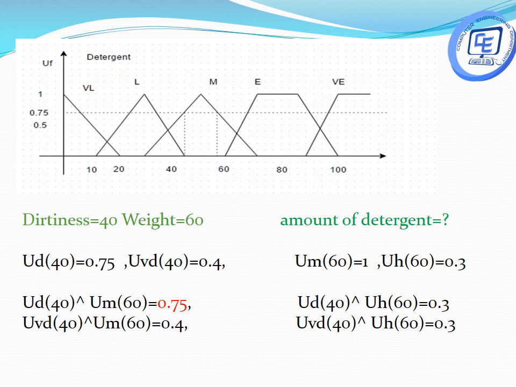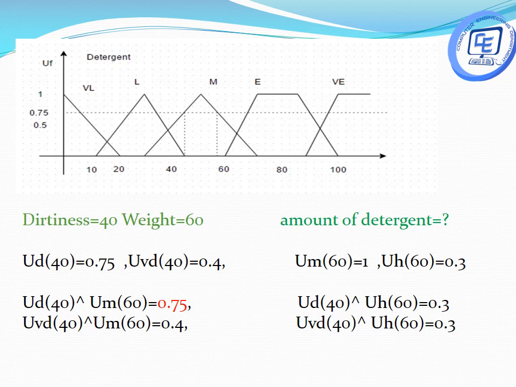In the same way for the weight we have to consider the graph of the weight and find out where the 60 is intersecting. If we see carefully, the weight 60 is intersecting the two parameters of the weight, that is medium and high. On the medium it is directly intersecting at 1 and on the high it is intersecting at the 0.3 membership function.